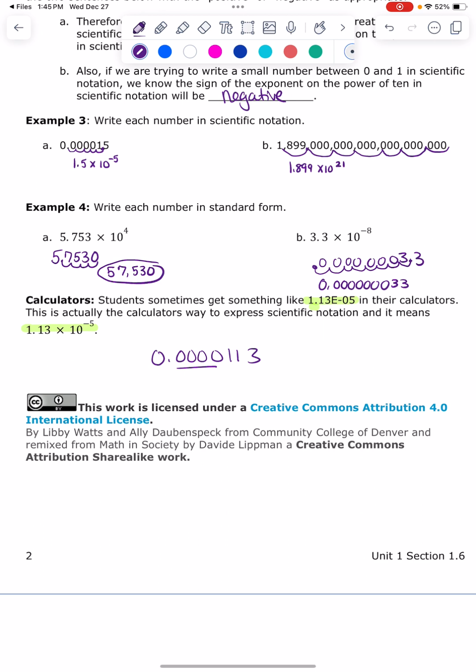There's always going to be one less zero than the exponent because you have one going just to get it in front of the number. If that doesn't make sense, just go back and look at example 4b, where it was -8, but there ends up being 7 zeros in front of the 3. So that is what this means when you get that in your calculator. That might come up on occasion, so keep that in mind.